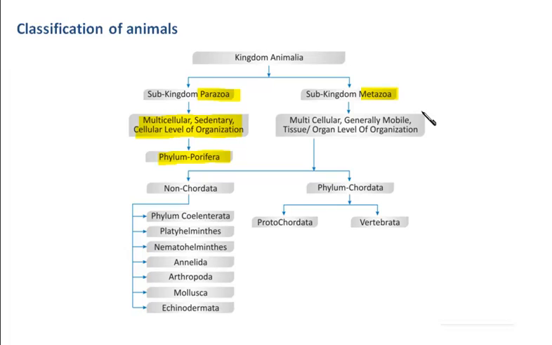The next is Metazoa, and this Metazoa includes those particular organisms which are multicellular. They are generally mobile. Mostly they are mobile, but some exceptions may be there. Then besides this, now the differentiation has occurred in these particular organisms. Differentiation in terms of what? Differentiation of cells into tissues or organs or the organ systems and so on, right?